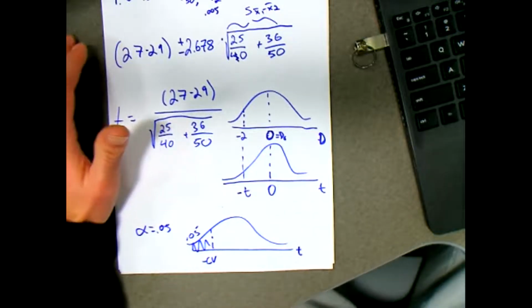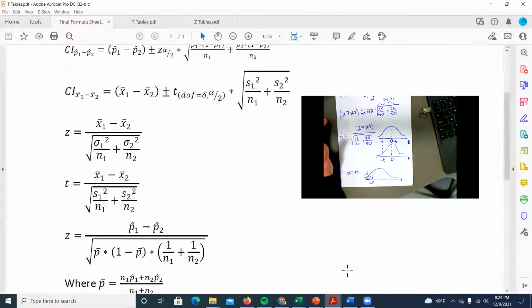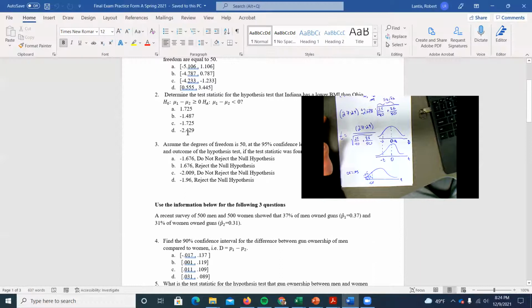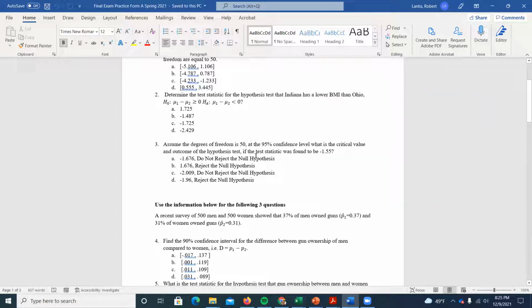Okay. So from here, we're going to just look that value up in our student t table, 0.05 at degrees of freedom of 50, 1.676. I have to remember it's a left-tailed test, so it's going to be negative 1.676. Now from there, A should be the correct answer. But how can I determine my rejection decision?